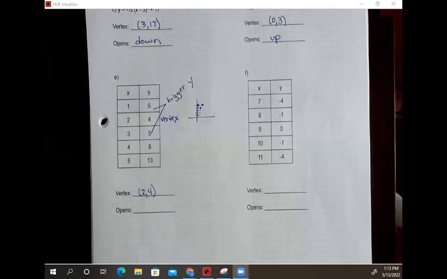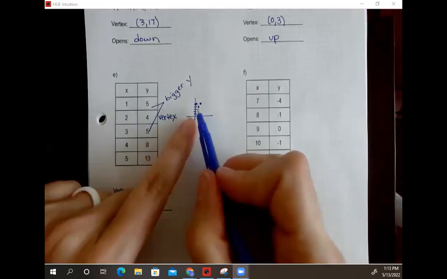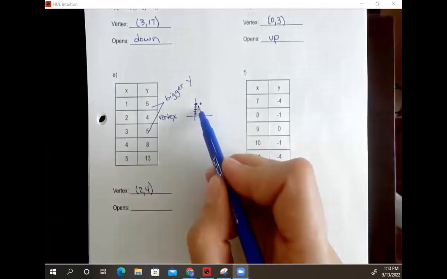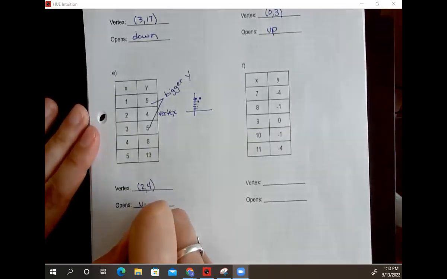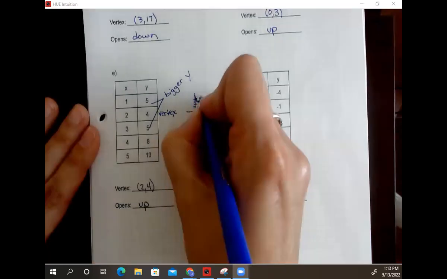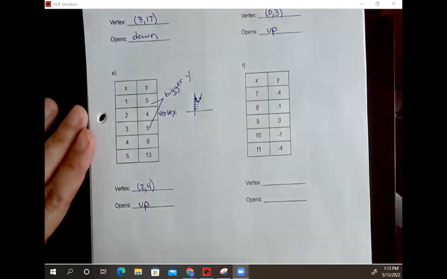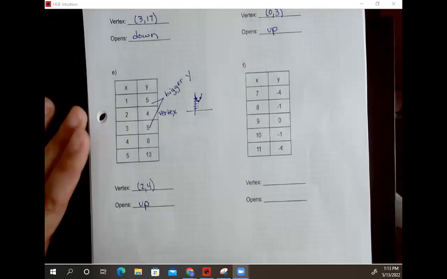It's going to be the bottom of my graph. My y values on either side are going to be bigger, so that vertex has to be the bottom. That means that this has to open up. If the vertex is the bottom, that means my parabola has to open up. Does that make sense? It's a little tricky, but we can do it.